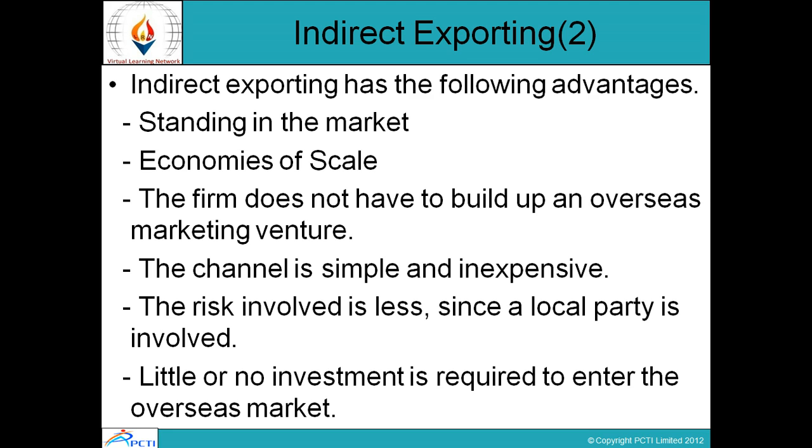When we talk about the policies of indirect exporting, there are several advantages. First is standing in the market. A new exporter is likely to be an unknown player, and so is the case with the price and quantity of his product.